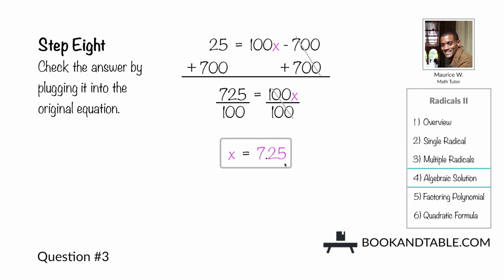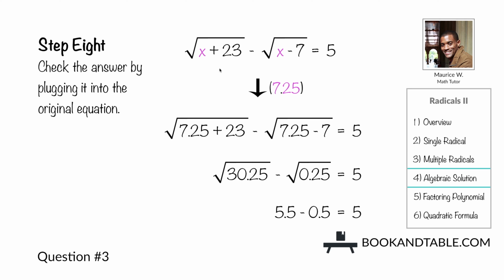Then lastly, step 8, check the answer by plugging it into the original equation. The square root of x plus 23 minus the square root of x minus 7 is equal to 5. When you plug in 7.25 in both places where you see x, you wind up with 7.25 plus 23, which gives you radical 30.25.